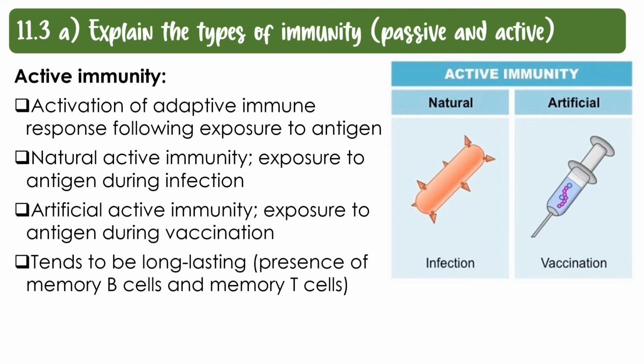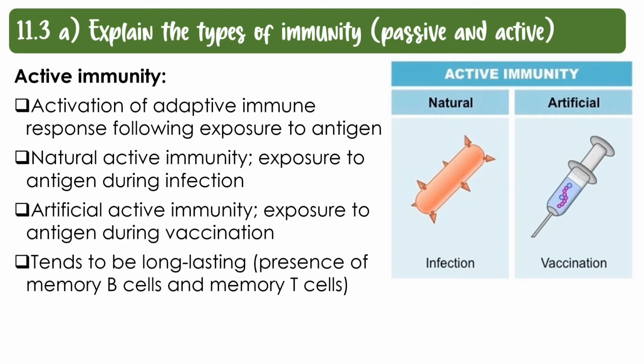However, for artificial active immunity, exposure to the antigen happens because of vaccination. Either way, both types of immunity tend to be long-lasting, since activation of adaptive immune response will lead to production of memory B cell and memory T cell. These memory cells will act as immunological memories that can protect the body against future infection from the same antigen.